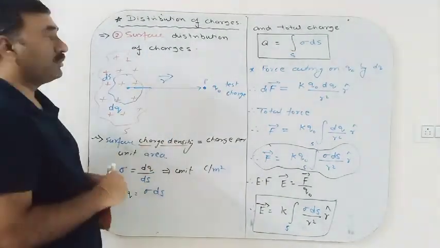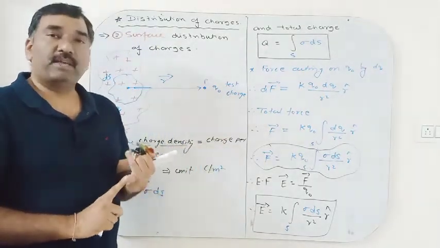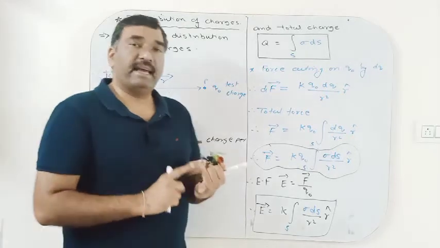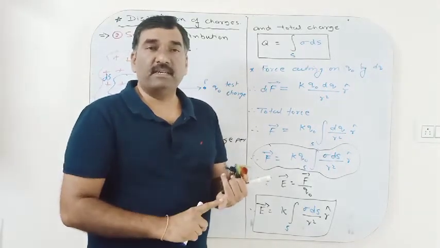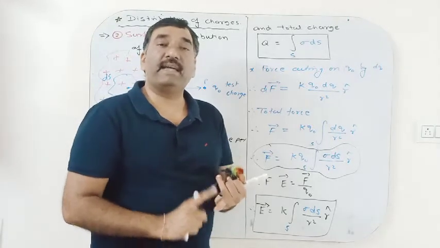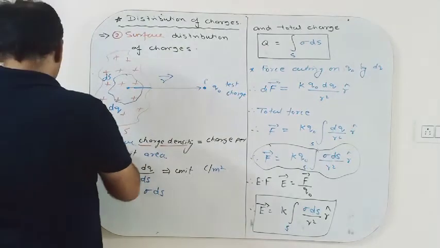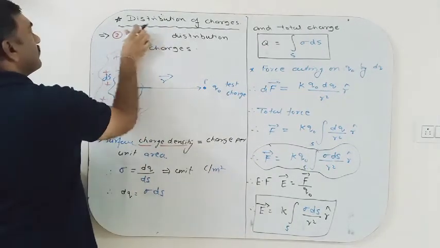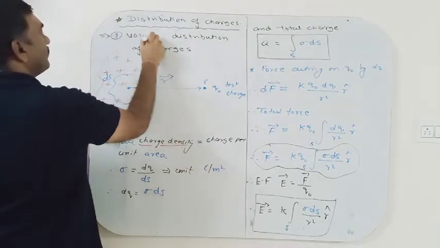I hope you are able to understand. Lambda is replaced by sigma, then sigma is replaced by rho; L is replaced by S, then S by V; line integral is replaced by surface integral, then by volume integral. Third is the volume distribution.